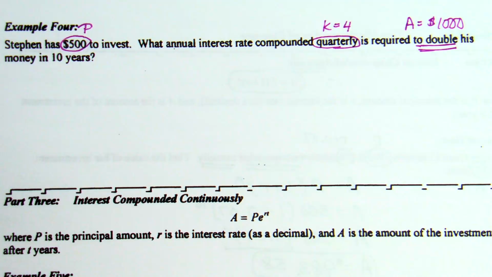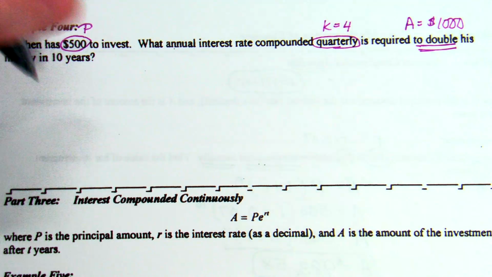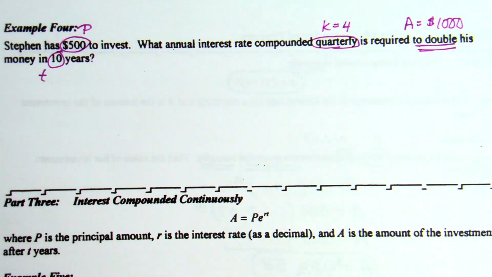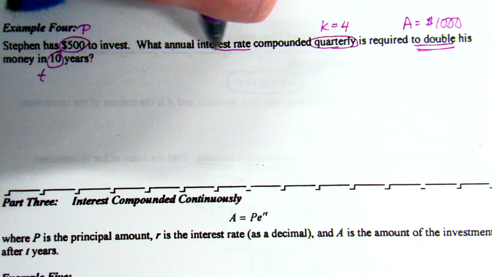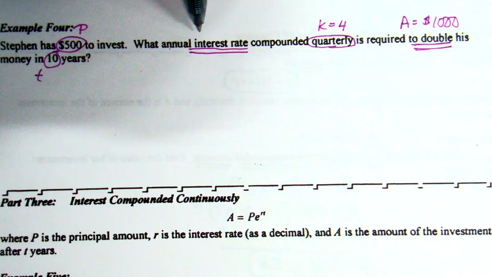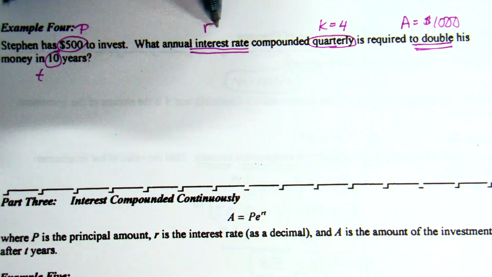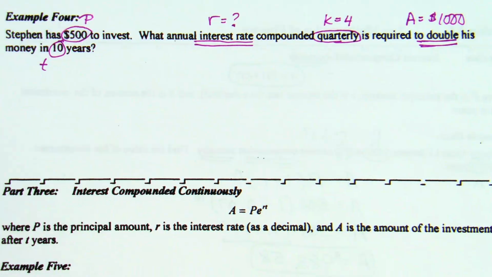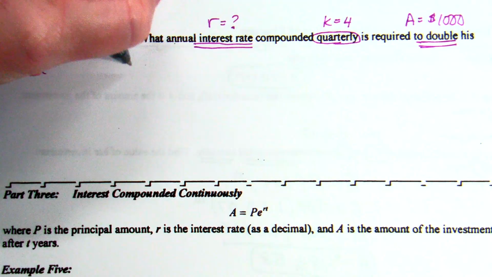But quarterly is 4 times a year. 10 years. So T is 10. What are we trying to find? The annual interest rate. So we are trying to find R. We are now pirates. Okay. Let's set up our formula.